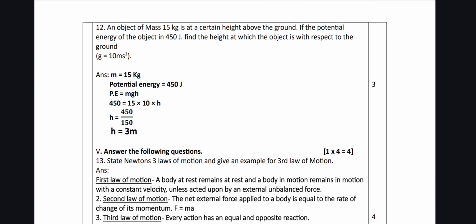Mass is equal to 15 kg, potential energy they have given as 450 joules. PE is equal to mgh, is the formula. So 450 is equal to 15 times 10 times h, which we have to find out. When we calculate, h comes to the left-hand side, 450 by 150, we get h is equal to 3 m.